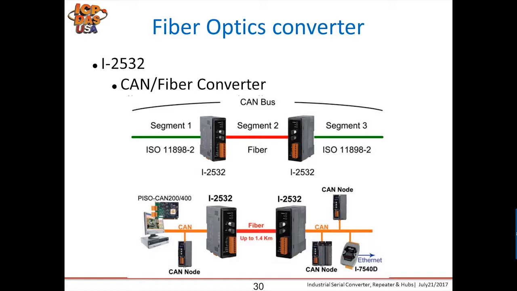The fiber length between two 2532 can be up to 1.4 kilometers, which is about 4,593 feet. I-2532 is the solution for application which require protecting the data transmission from interference.